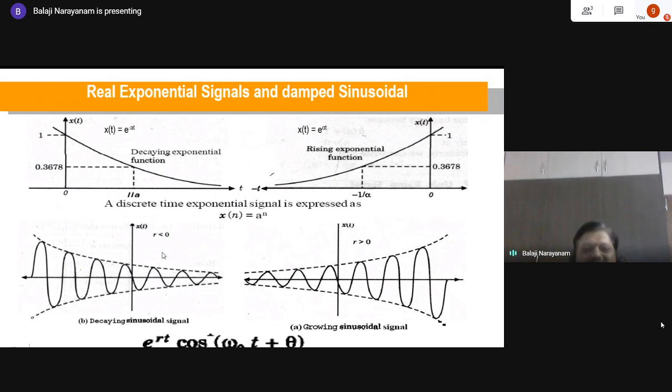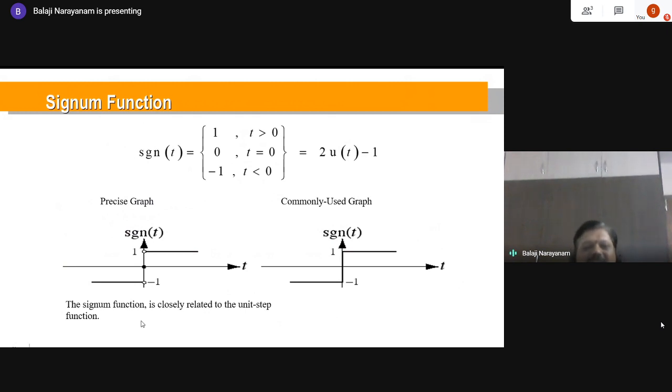If r is less than 0, that is a negative value. If r is greater than 0, that is a positive value. Based on this, when r is greater than 0, it is a clear case of a growing sinusoidal. When r is negative, it is the case of a decaying sinusoidal signal. So we may easily understand this one.